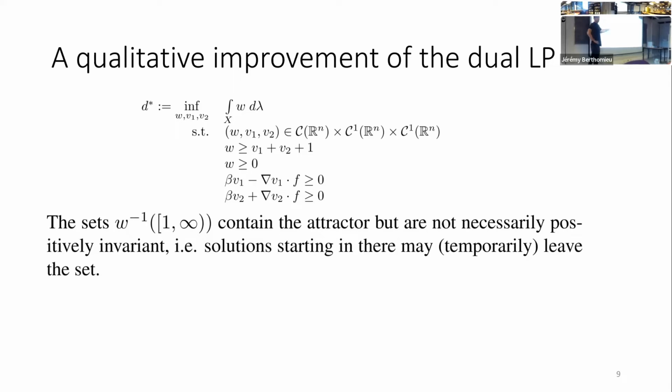For the optimal polynomials that we obtain, we look at those super level sets, and these we choose as approximations of the attractor. We see that this works asymptotically, but there's a feature that is not always satisfied, namely that these sets don't have to be positively invariant.